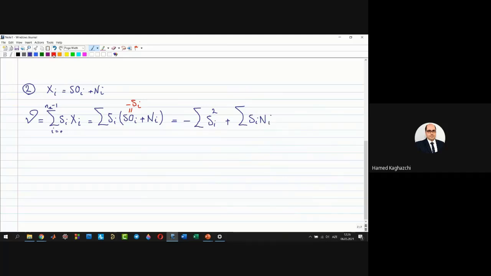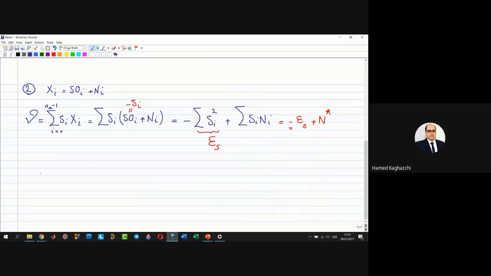Now again, this is my energy of the signal, and I can write minus energy of the signal plus N star. Here I will have the minus of energy.